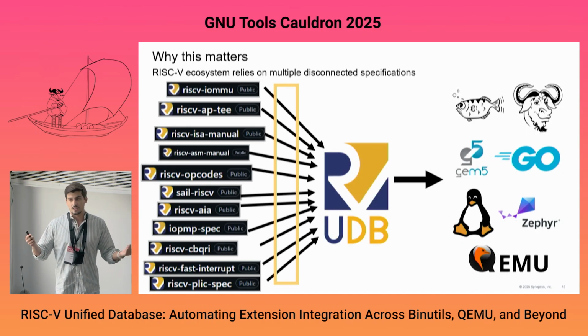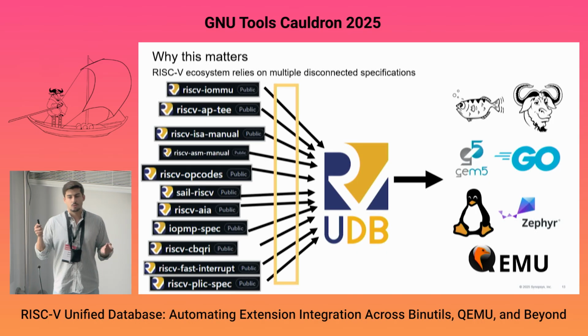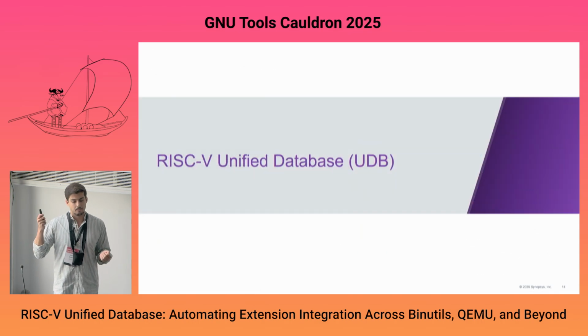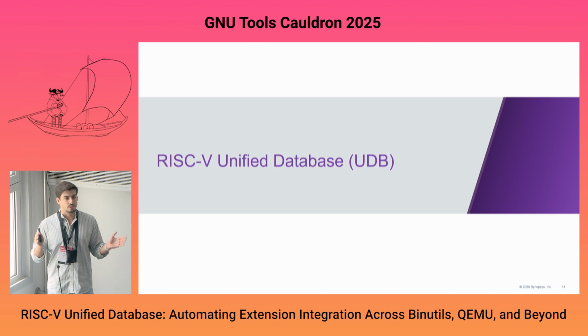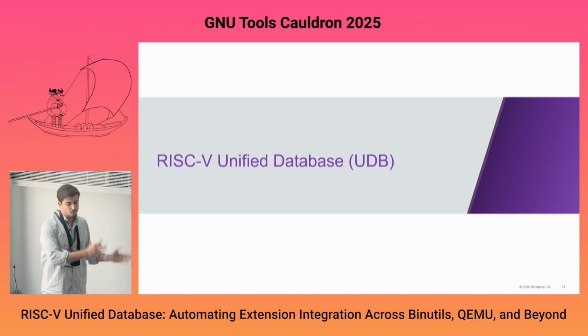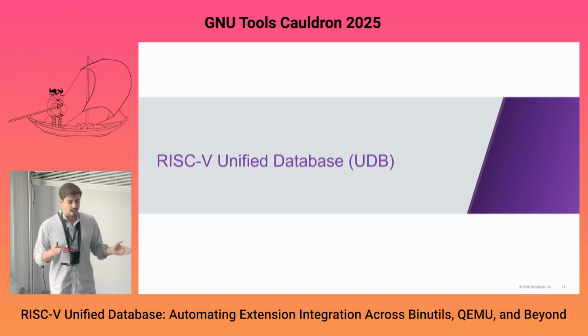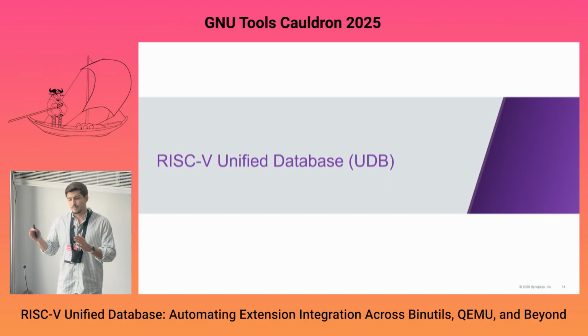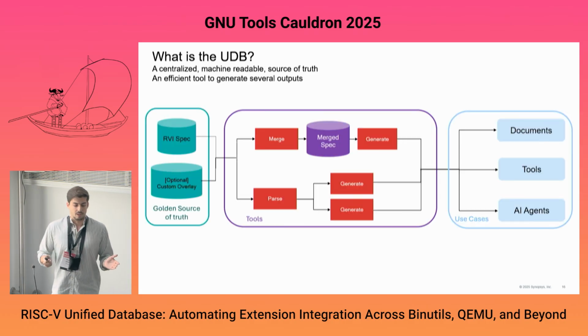And this is what the UDB is all about. So, moving on to the RISC-V Unified Database, I want you to think about the Unified Database as two different things: a single source of truth and a tool that generates several outputs. These are kind of separate, but exist in the same repository. So, let's go over it.